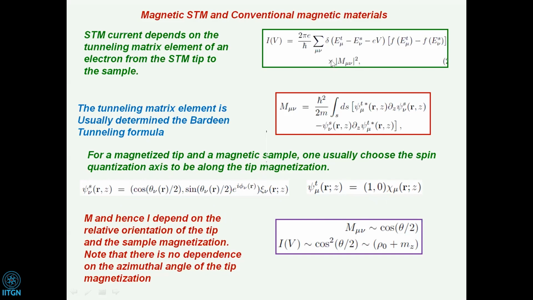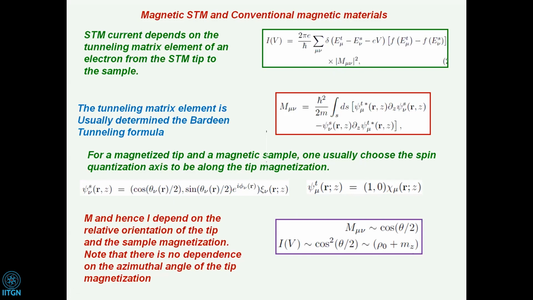And since this enters as mu square in the current, the current goes as cos square theta by 2, which is 1 plus cos theta. But cos theta is just the magnetization of the surface. It's just the projection of the surface magnetization on the z-axis. So the current has a standard part and the magnetization. So this is how an SCM tip can be used to measure magnetization of a magnetic surface.